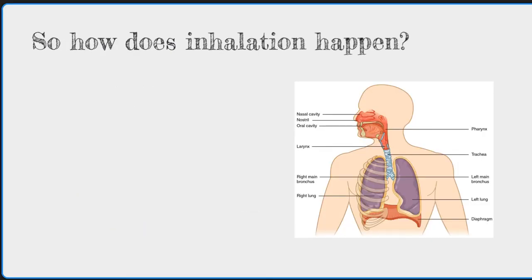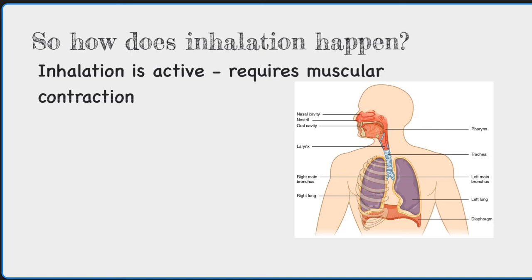So now let's link how Boyle's law applies to inhalation. Inhalation is actually an active process. This means that there is contraction of muscles. The contraction of muscles is going to expand the volume of the chest cavity, and as that volume expands, it's going to decrease the pressure that's within the lungs.